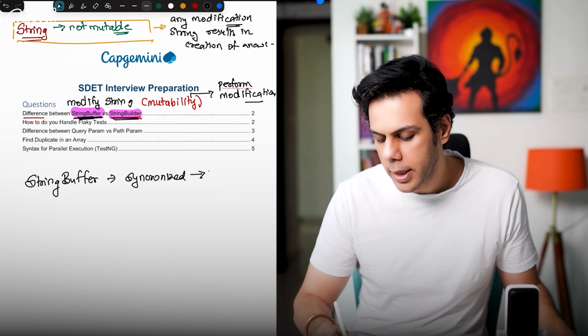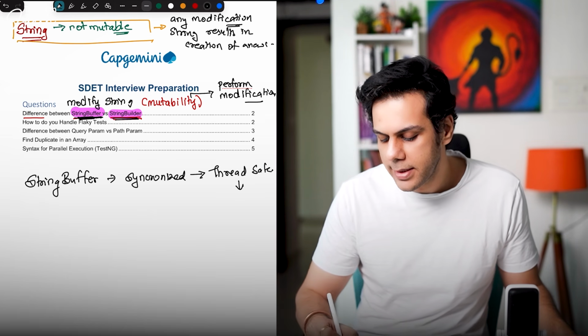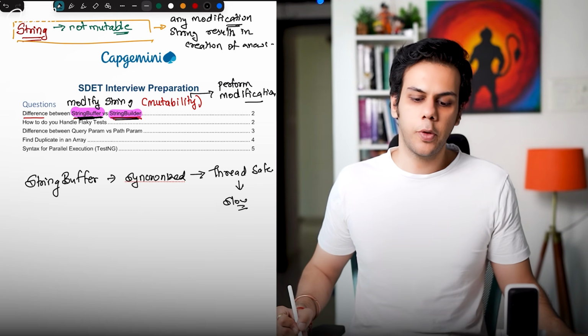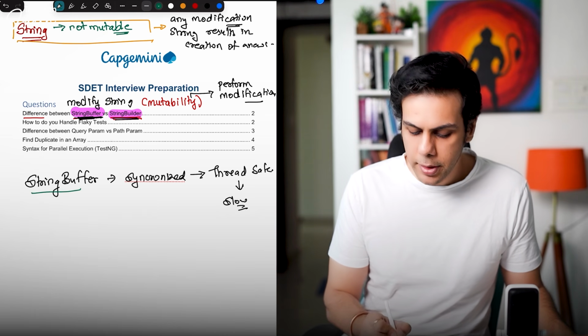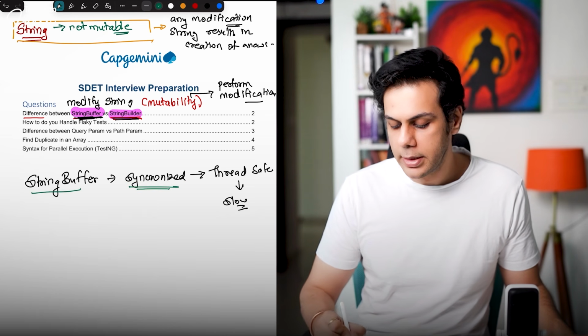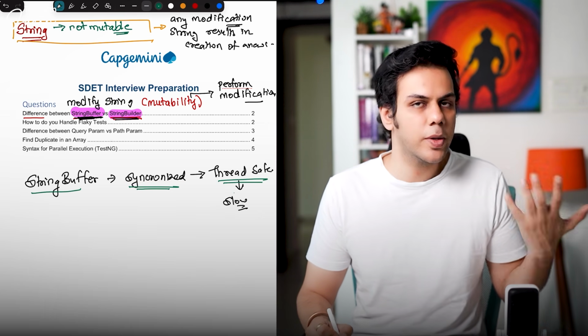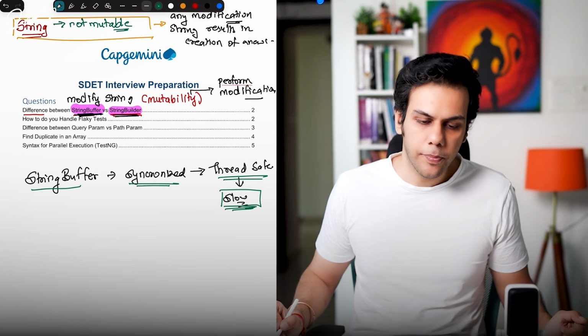Because it is synchronized, it is thread safe, and because it is thread safe, it is slow. Please make a note of this point: string buffer is synchronized, therefore thread safe, and therefore it is going to be slow.